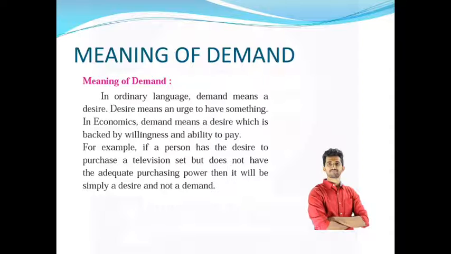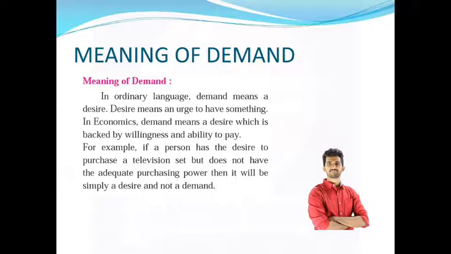For example, if a person has the desire to purchase a television set, but every desire cannot be termed as demand, so a mere desire to purchase a television set does not become demand. So, it is important that the person who desires to purchase a television set must have adequate purchasing power.